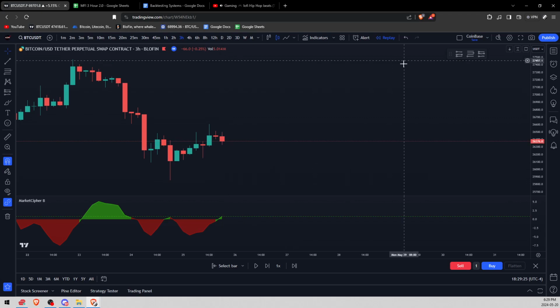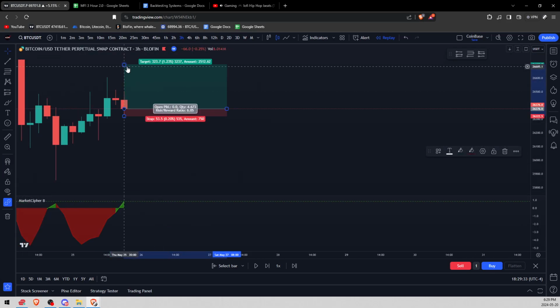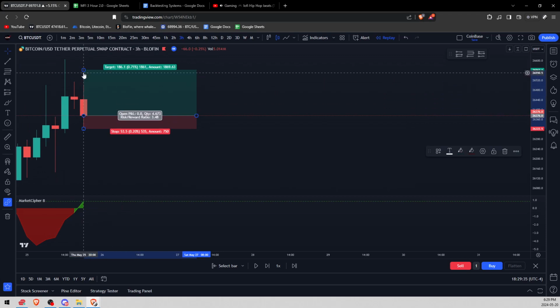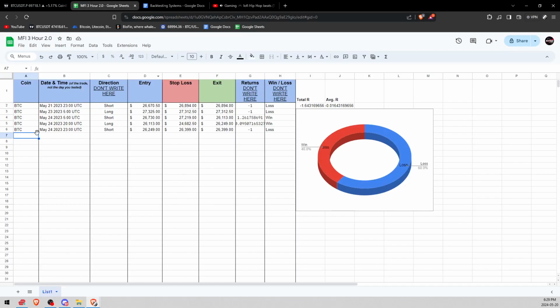Okay. And there we go. Now we're going to enter a long position here. This one we can zoom in a bit. Okay, let's hope we get an easy identifier in this one, because it's not looking like it's going to be. This one is at May 25th at 8 o'clock.